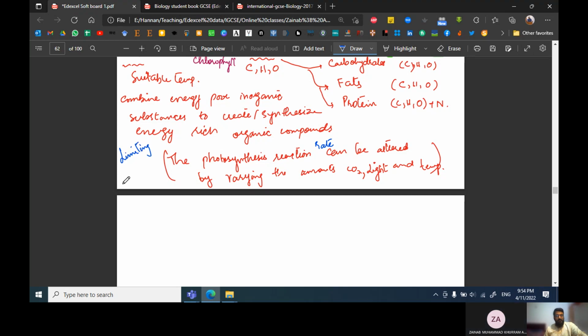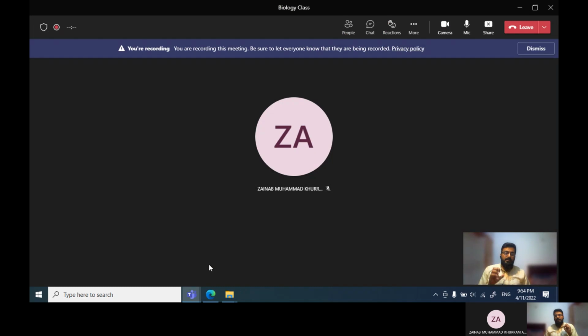Certainly, but there is another name. These are limiting reactants or limiting factors. These are limiting factors that can influence the rate of photosynthesis or the rate of any reaction.